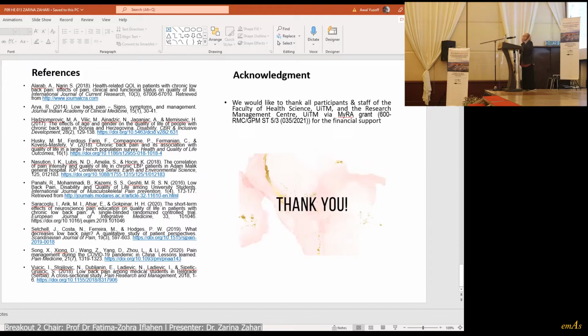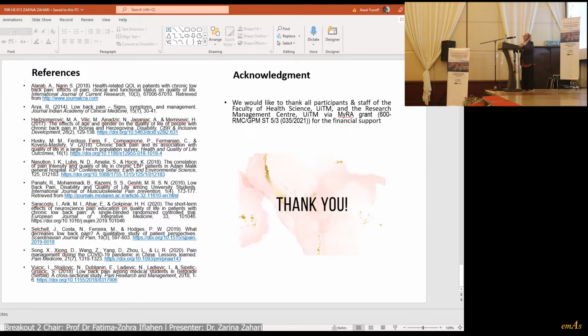However, in my study during the COVID-19 pandemic, similar findings were found: high prevalence of back pain among students in health sciences. What does it tell us?